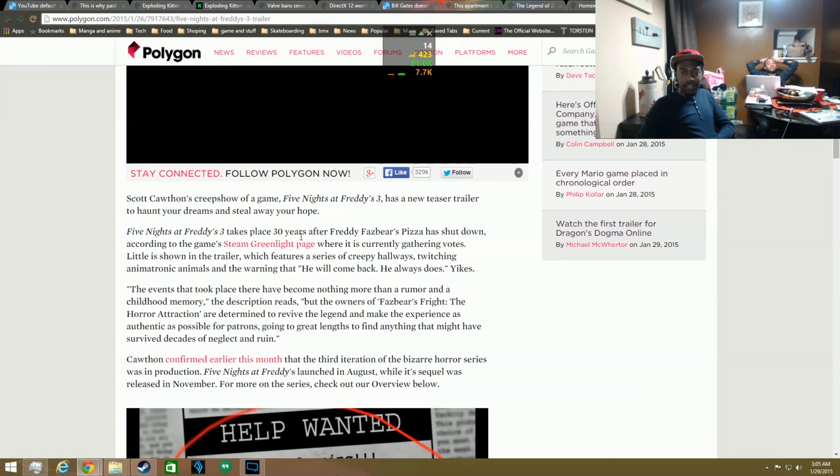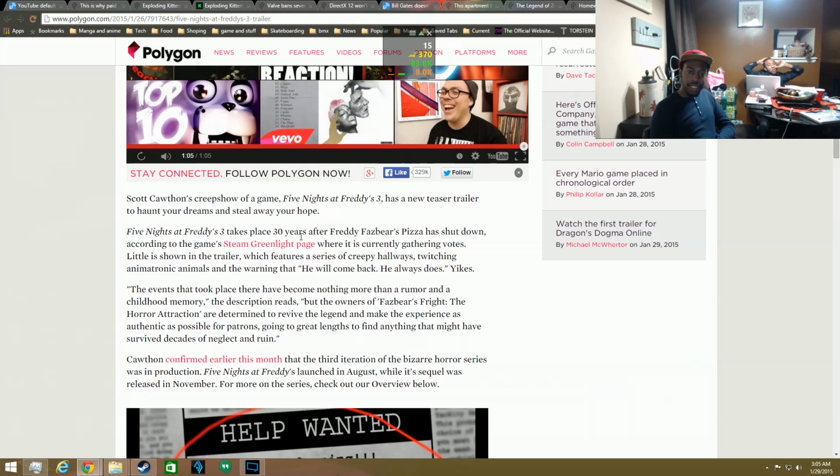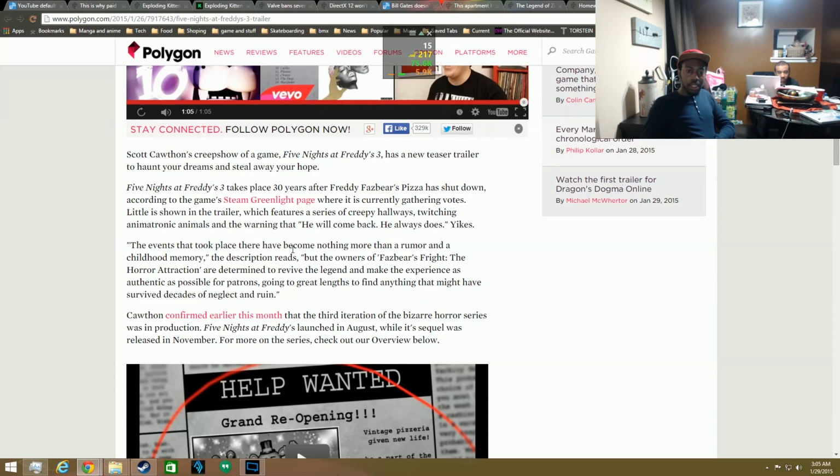They have become nothing more than a rumor, a child's memory. But the owner of Fazbear Fright, the horror attraction, is determined to revive the legend and make the experience as authentic as possible for the patrons. They go to great lengths to find anything that might have survived decades of neglect and ruin.